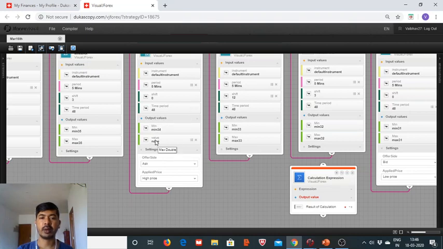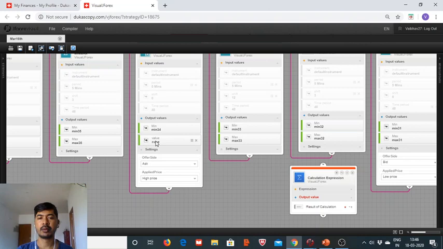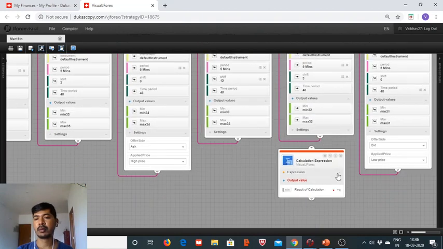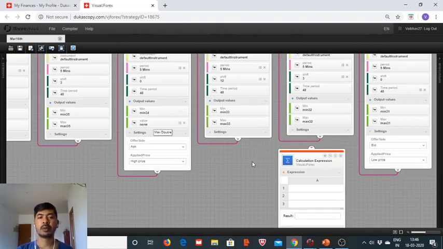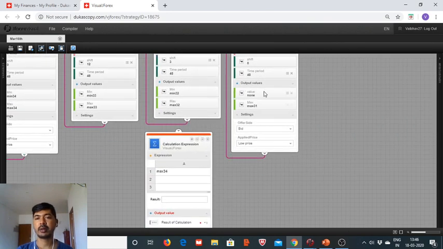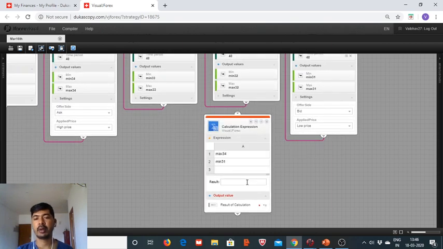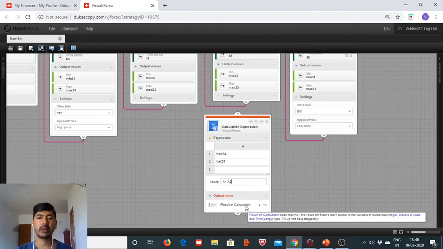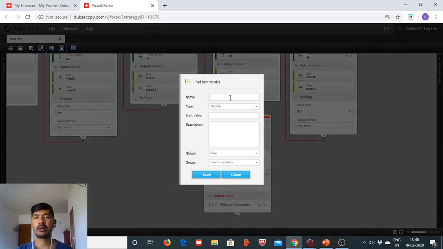We take the maxima of high value, and we deduct the minima of the low value, A1 minus A2, and the requirement will be, let it remain named as min-max difference, MMD.